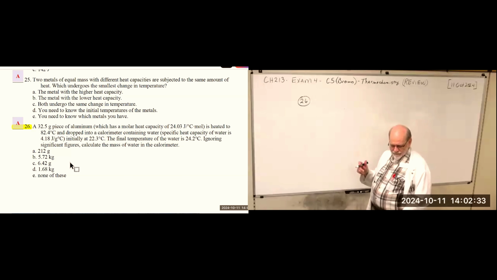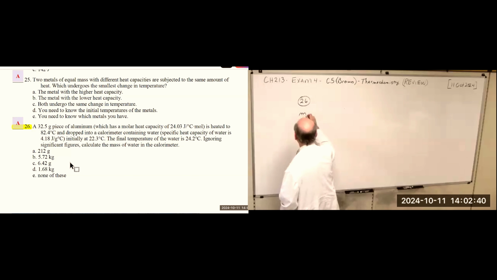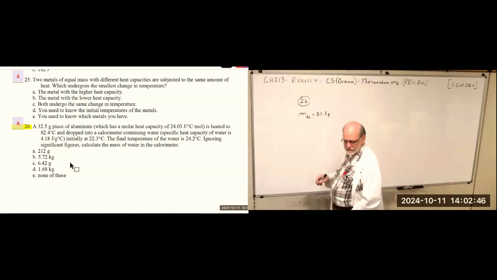Okay, let's put what we know up there. A 32.5 gram piece of aluminum. Mass of aluminum, 32.5 grams.